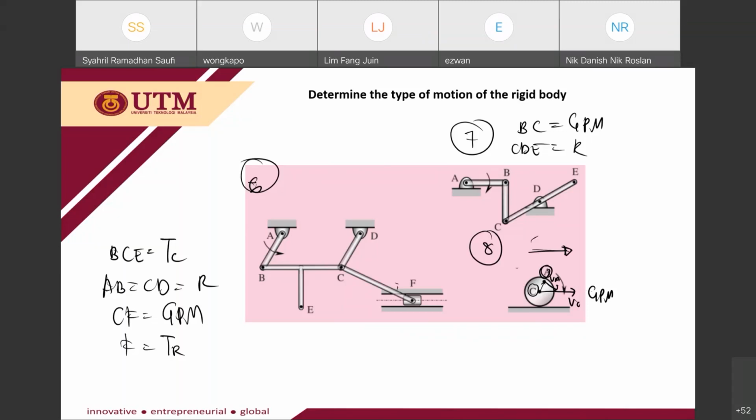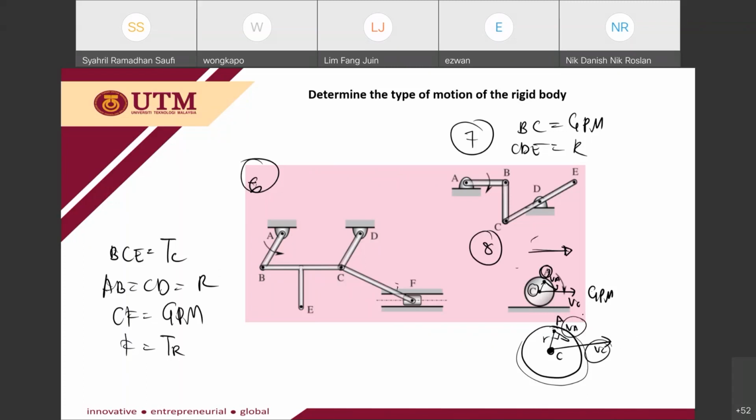Imagine your car tire: this is the center, and the point at the outside here is A, this one is C. So C is moving rectilinearly to the right, and A is rotating, giving a VA which is perpendicular to this R. So you will notice that VA is not parallel to VC. Then this roller is actually a GPM, general plane motion.